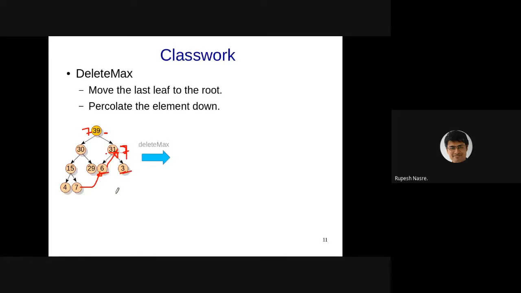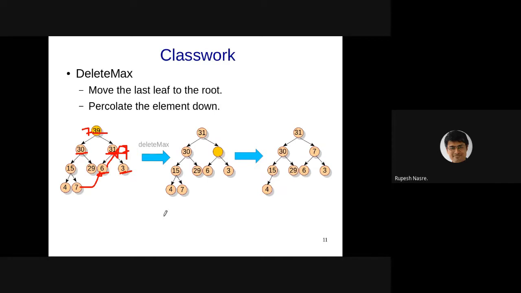But 7 is already larger than both 6 and 3, and therefore we should not make any further percolations. And therefore you will get the tree something like this, as Varad was pointing out. Does this seem reasonable? Any questions on why we got 7 there?